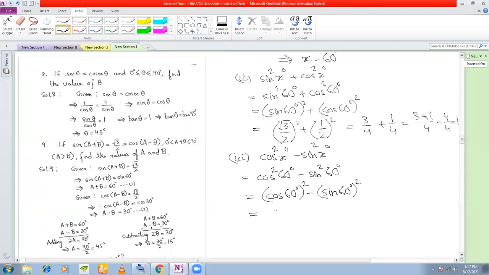Cos 60 degree is half, minus sine 60 degree is root 3 by 2. So this becomes 1 by 4 and this becomes 3 by 4. Now you take the LCM. 1 minus 3 by 4, which is equal to minus 2 by 4. We cancel now, get minus half, and that's your answer. Is it clear? So I can stop here now.